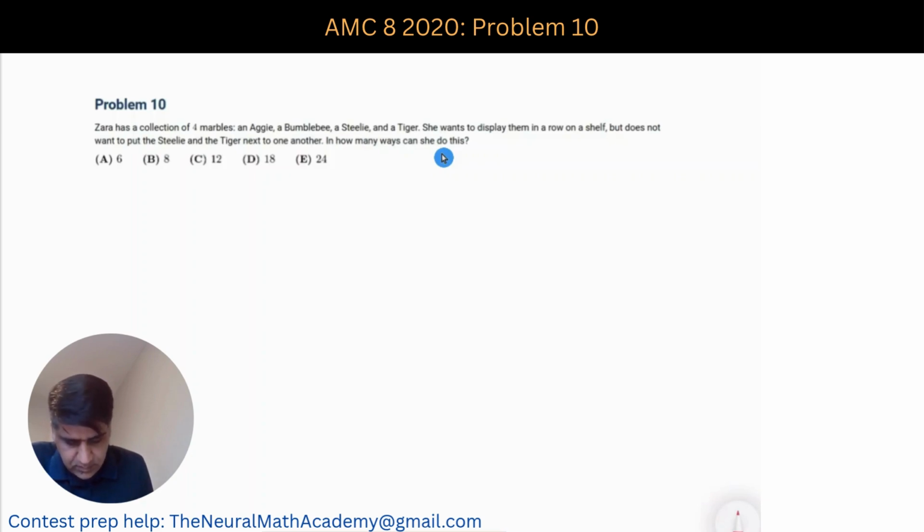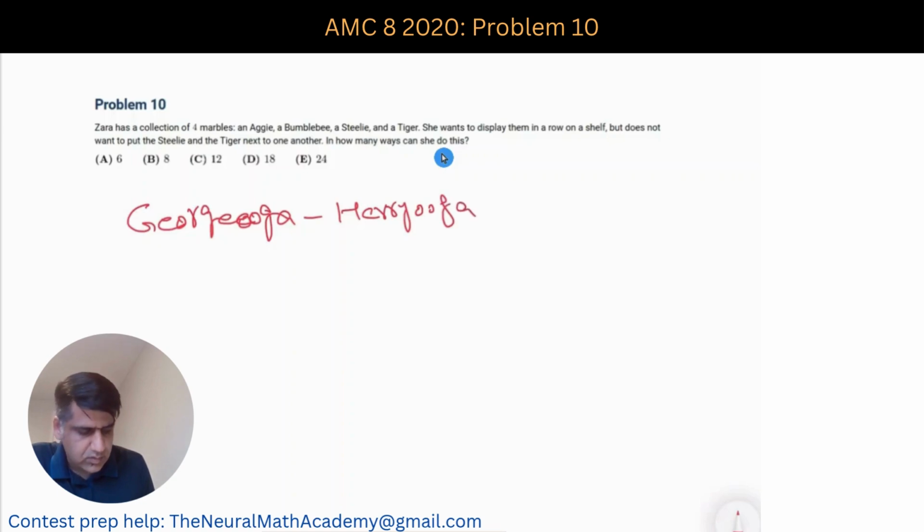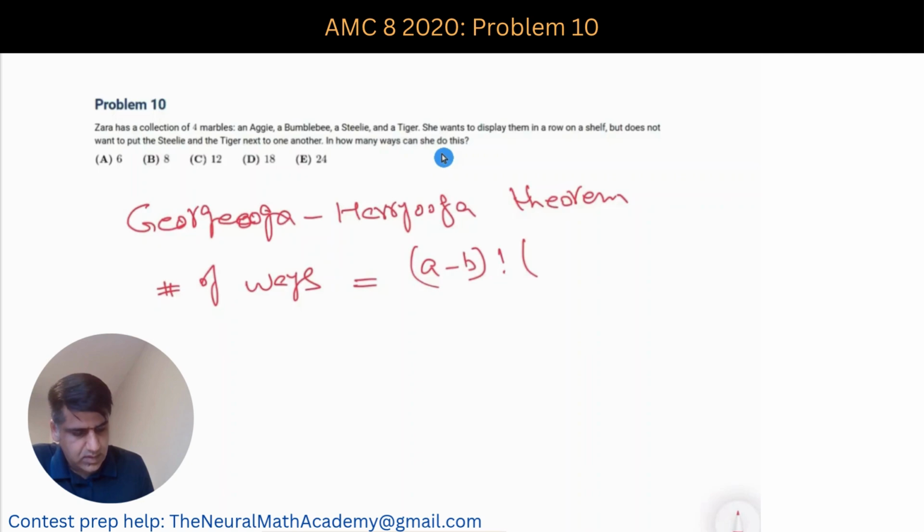The theorem is named George Harry theorem, and so the number of ways is equal to (A minus B) factorial times (A minus B plus 1) factorial divided by (A minus 2B plus 1) factorial.